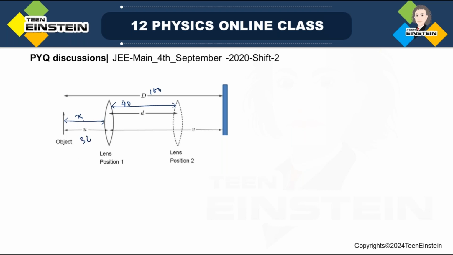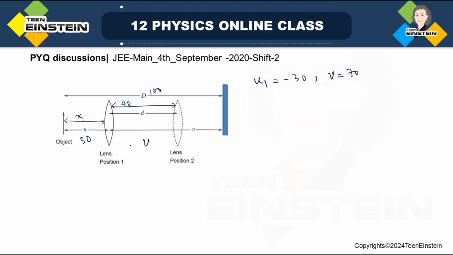If this is 30, since the total distance is 100, suppose in the first set I take u1 as minus 30 object distance, then your v will be 70, right?